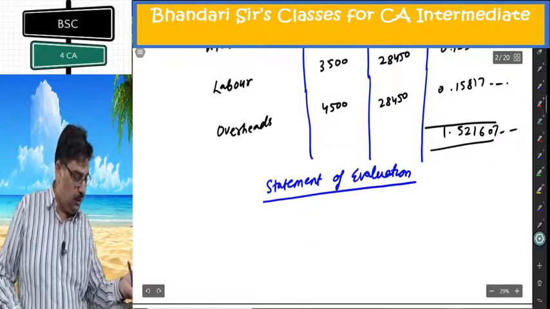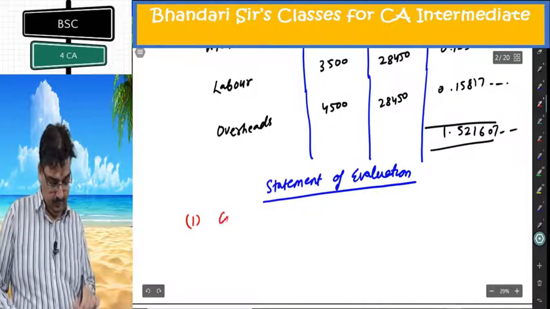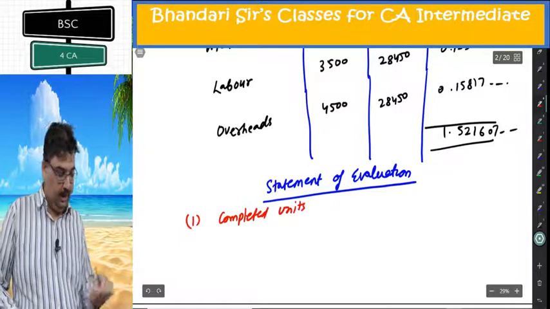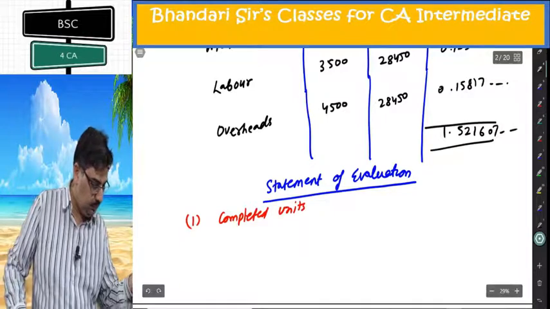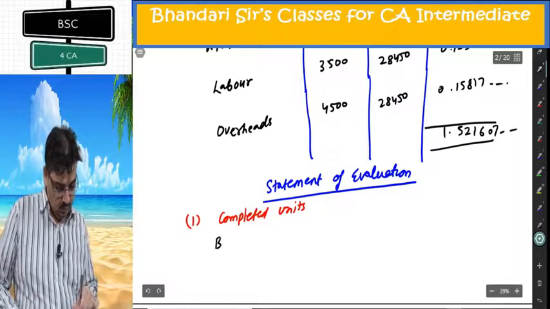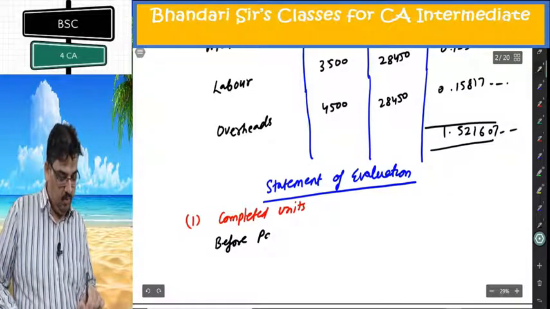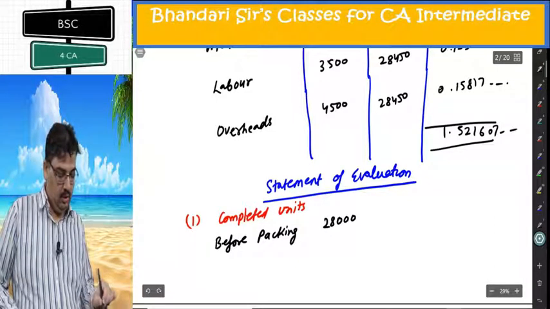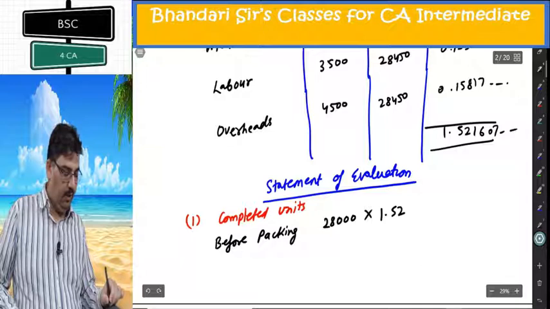Two evaluations. Number one, completed units. Before packing, 28,000 multiplied by 1.521607 dash dash dash.